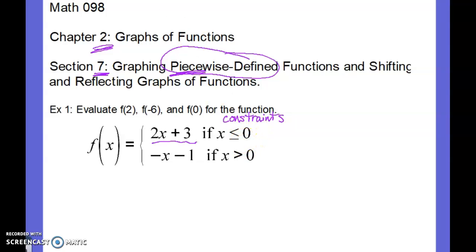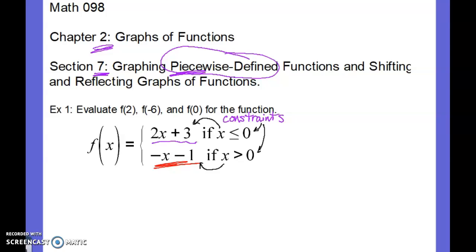And then we go to the bottom equation if the x value we're talking about is bigger than 0. So these constraints, sometimes I call them conditionals. They are what you look at first to determine, are you going to the top equation or are you going to go to the bottom equation?